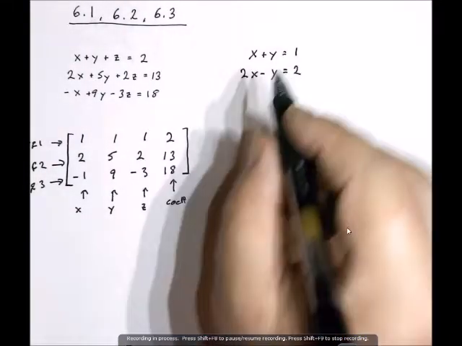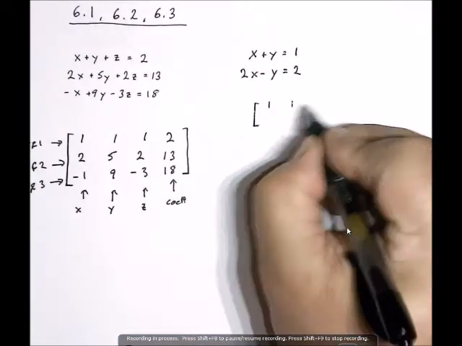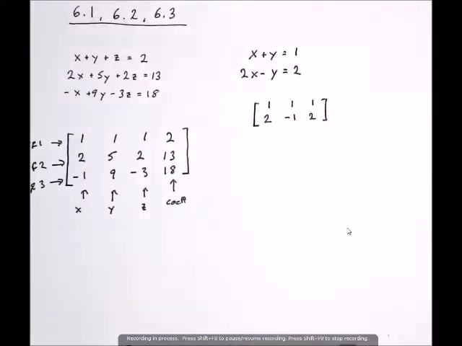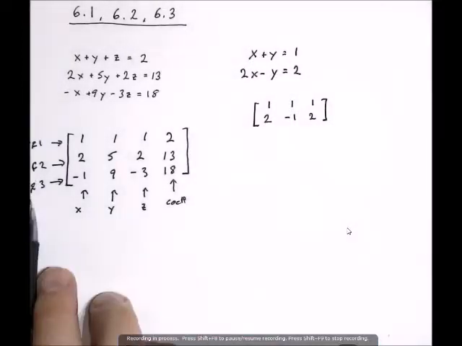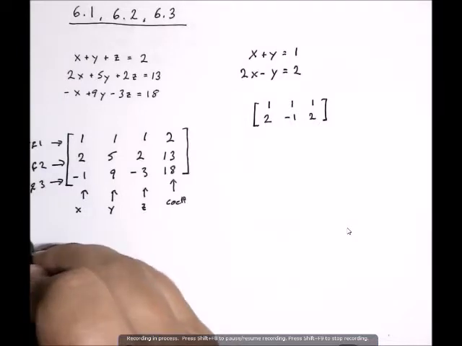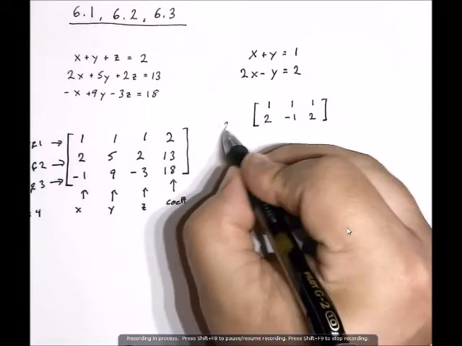Similarly, if I wanted the augmented matrix for this, it would just be this. Now, when describing the size of a matrix, we give the number of rows first, and then the number of columns. So this matrix is a 3 by 4 matrix, and this matrix is a 2 by 3.